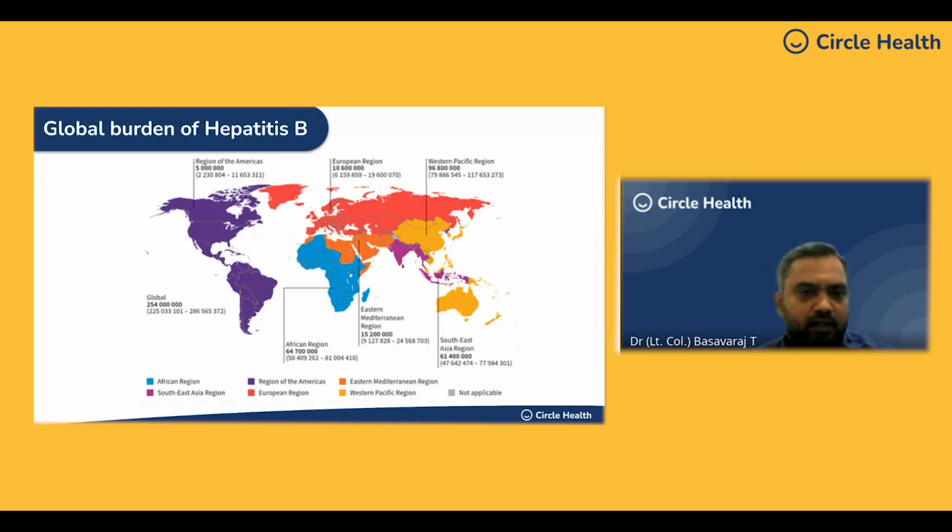This is the global map that you can see, showing the number of cases at a point in time, that is 2022, around the world. When you look at India, if you take all kinds of hepatitis, that is hepatitis A to E, even though we are not the highest, we are moderately high, around 2 to 7%.